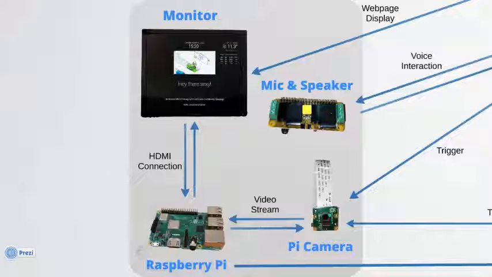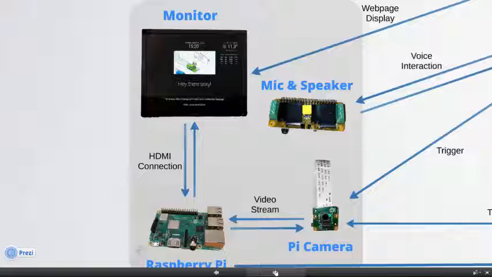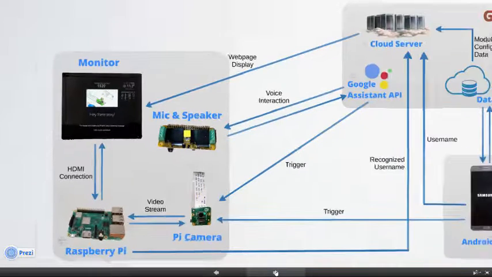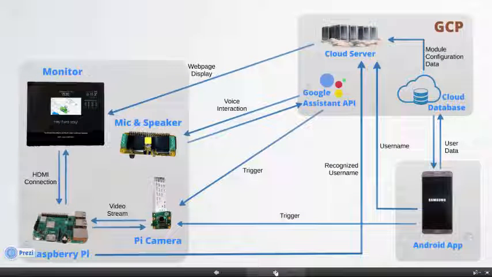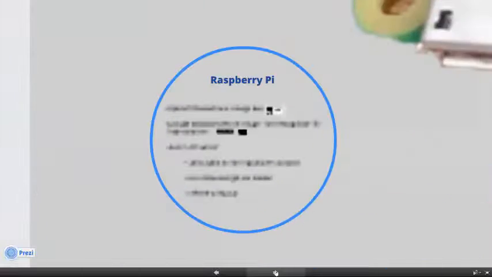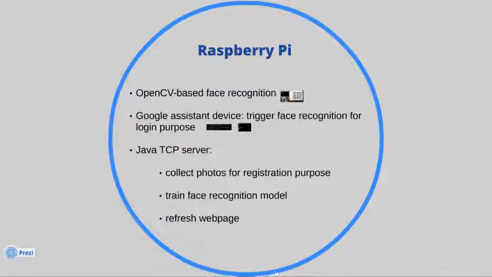The second main component is Raspberry Pi and its hardware modules. We could display the web page from the cloud server and also run OpenCV-based face recognition with help from the Pi camera.